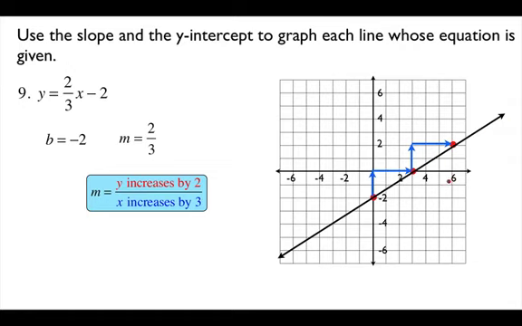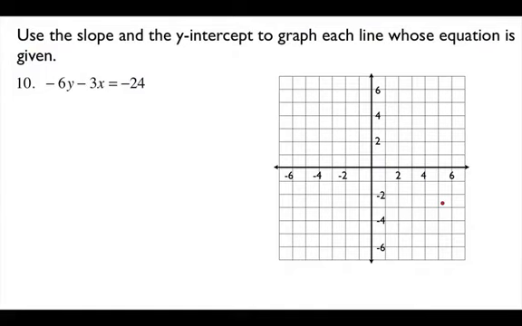Now, this is one of the ways that you can check to make sure that you didn't make any silly mistakes. Notice that the slope is positive, and if I was to write the word slope, it should be going up, and it does. If I write the word slope going down, that's a hint that you probably made a mistake. Let's move on to number 10.